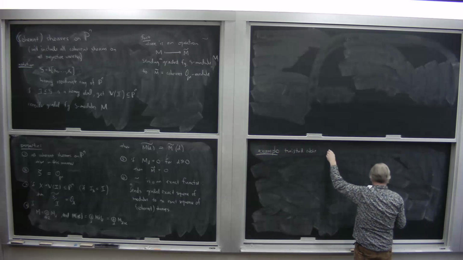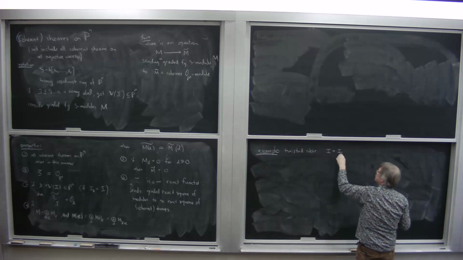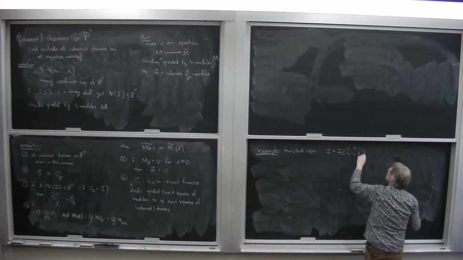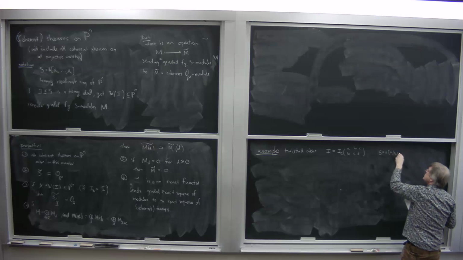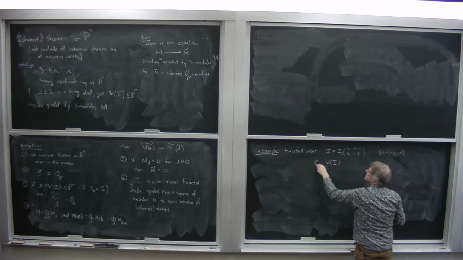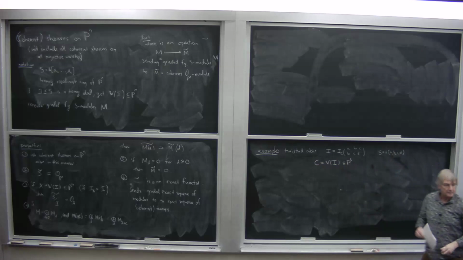That's going to be given by I, which was I_2, the 2 by 2 minors of that matrix with rows ABC and BCD, where S is equal to k[A,B,C,D]. And V(I) is going to be a curve, we'll call it C, inside of projective 3-space.